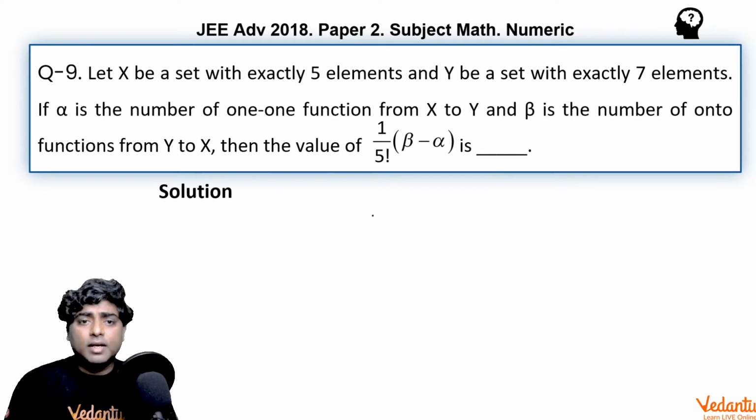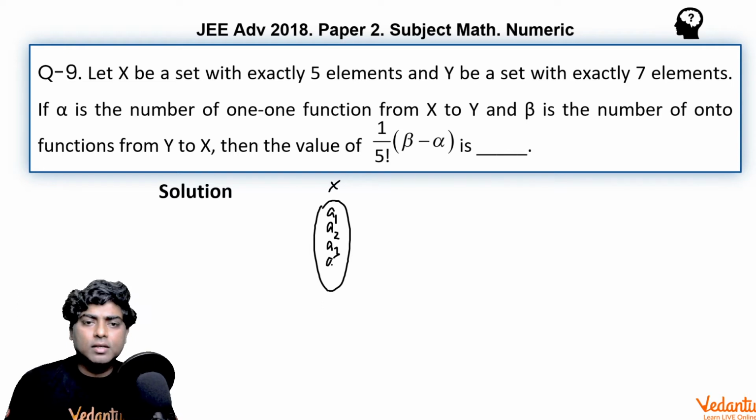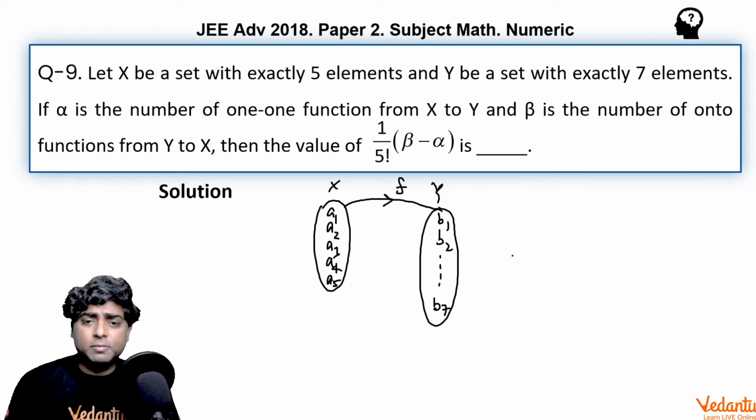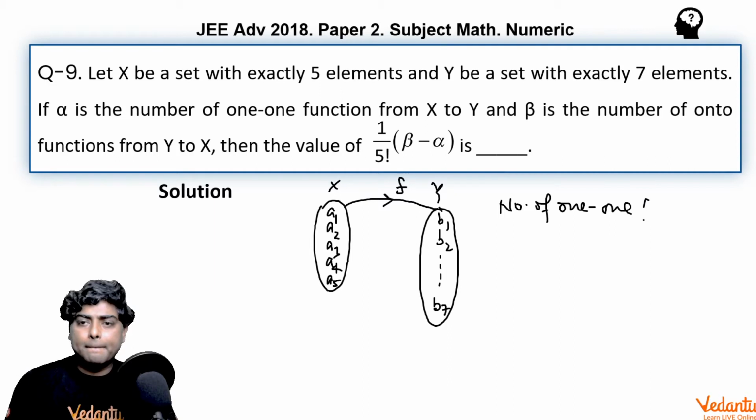Let X be the elements A1, A2, A3, A4 and A5, and Y be another set having 7 elements, B1 to B7. The total number of functions would obviously be 7 raised to the power 5, but the number of one-one functions from X to Y is what we are representing by alpha.